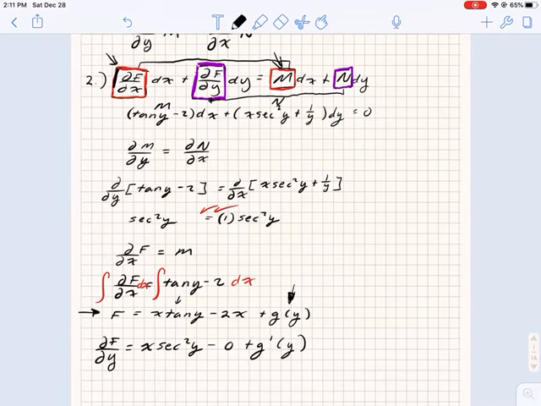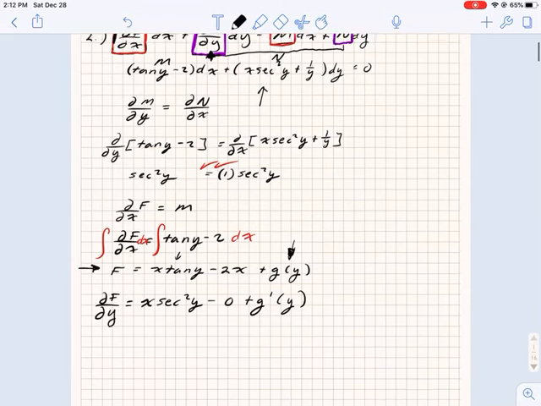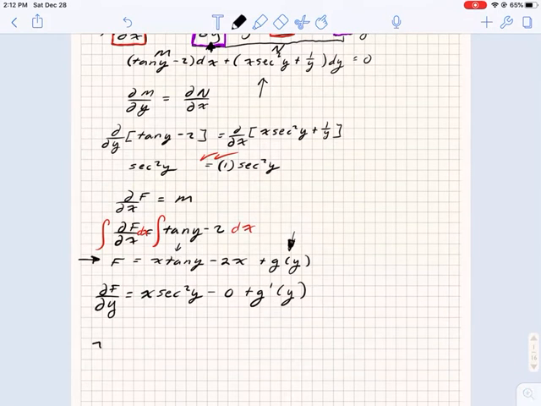Now if we look up what the partial derivative of f with respect to y is, well, that's n. And we have n right here. So now we're going to set x secant squared y plus 1 over y equal to x secant squared y plus g prime of y.